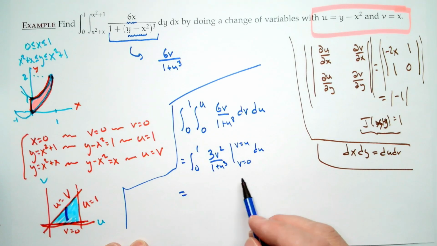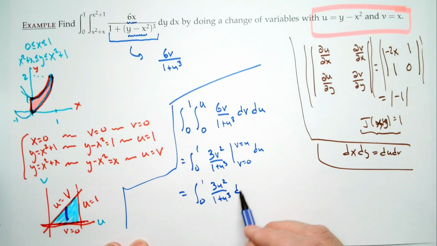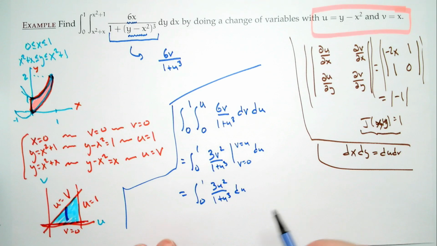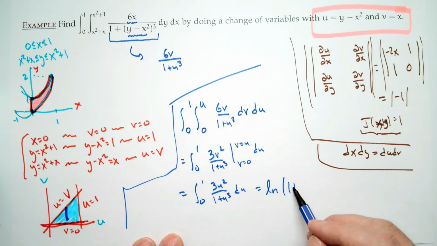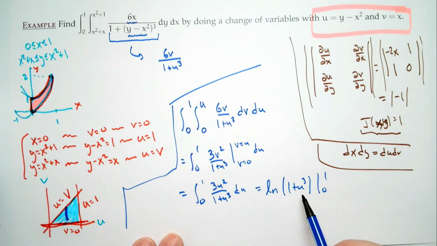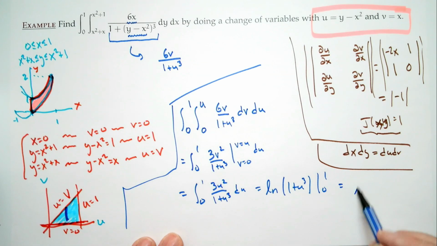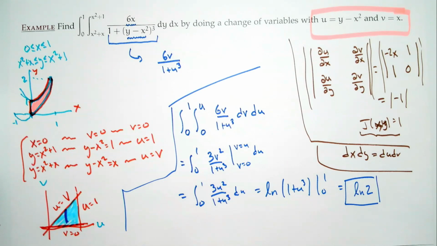Well, if you plug in 0, you get 0. And if you plug in u, you'll get 3u squared over 1 plus u cubed. And that one's not so bad. What does that become? Natural log of 1 plus u cubed from 0 to 1. When we plug in 0, we'll get log of 1, which is 0. And when we plug in 1, we get log of 2. And there's our answer.